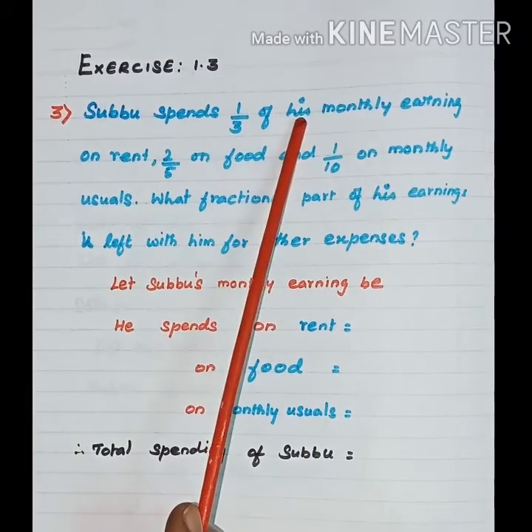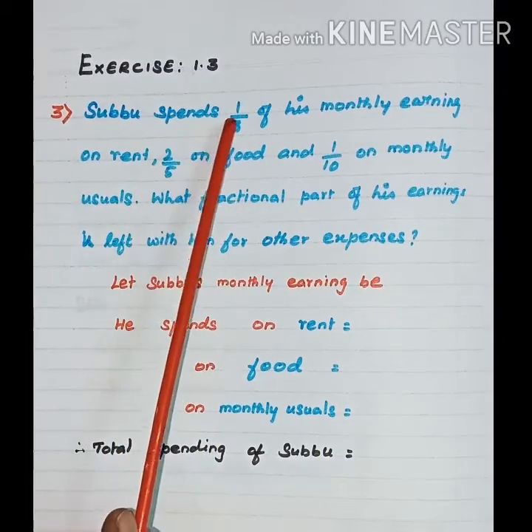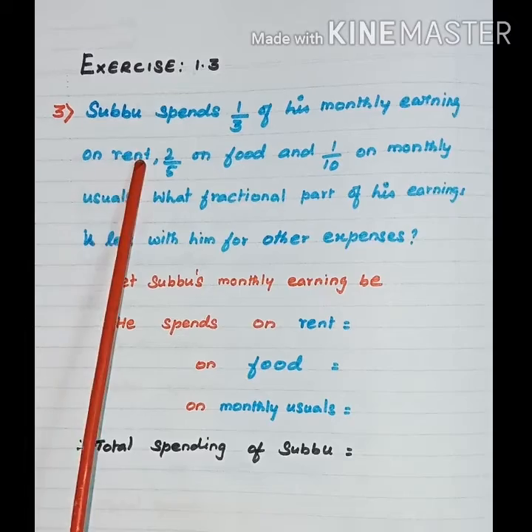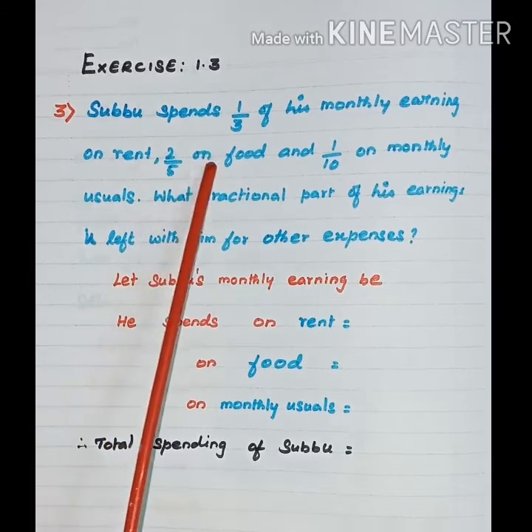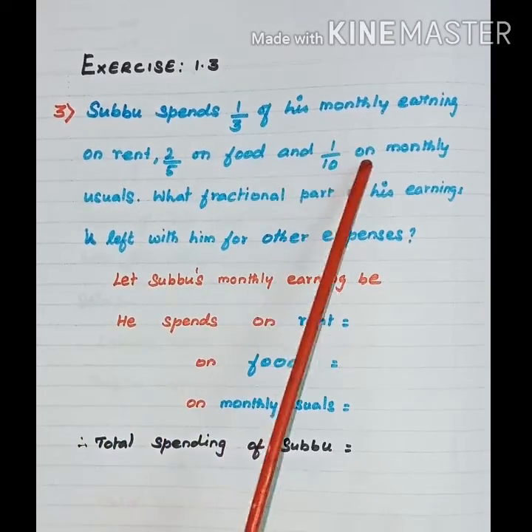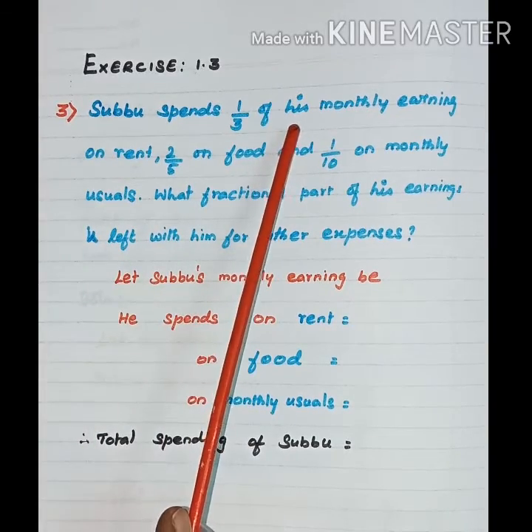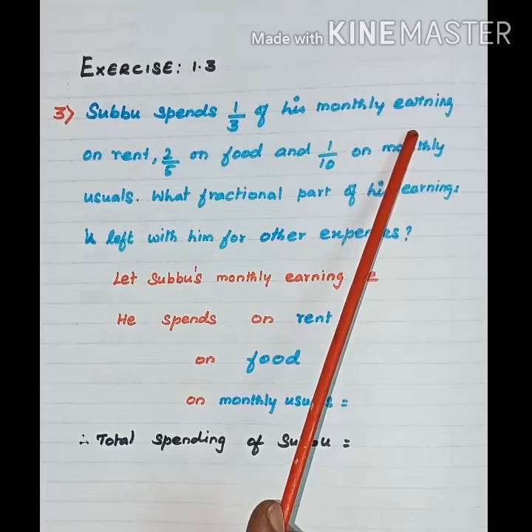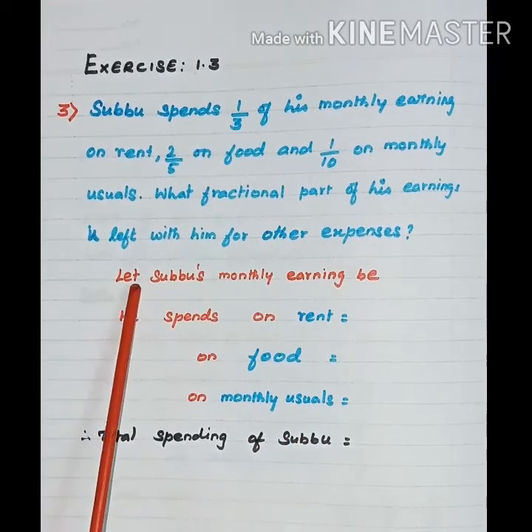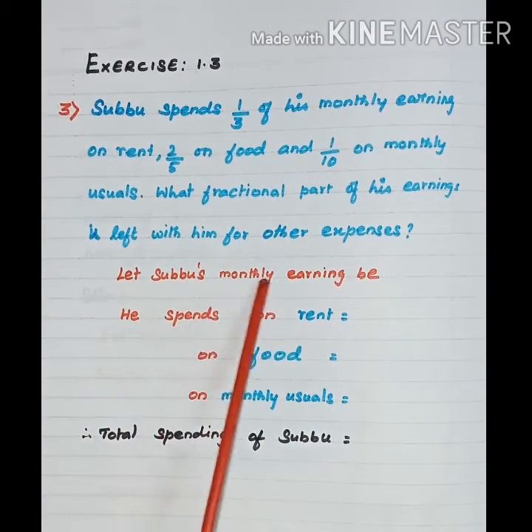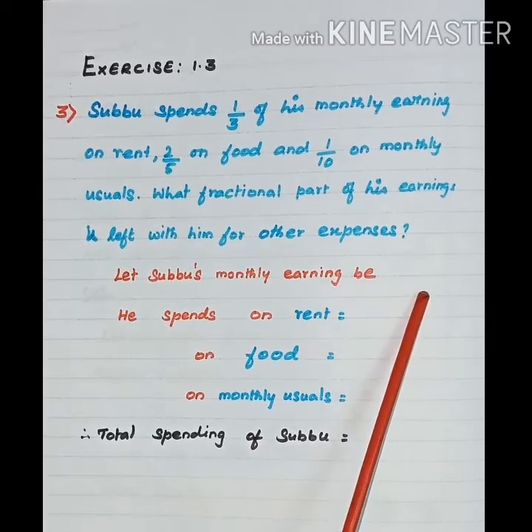From his monthly earning, he is spending 1 by 3 on rent, 2 by 5 on food, 1 by 10 on monthly usuals. We don't know how much is his monthly earning. So, let us take his monthly earning to be 1. Why?